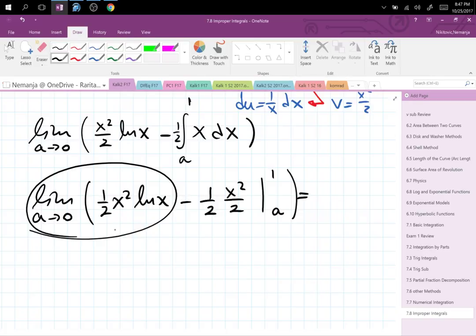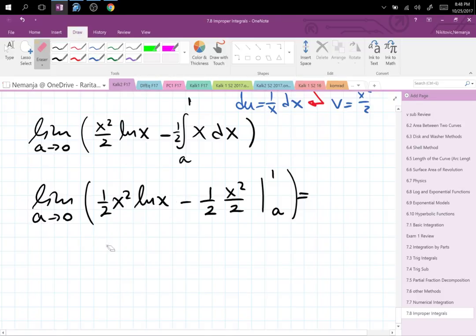Do we remember what we have to do for those? Yeah, exactly. L'Hopital's rule. Nice. So we have to do L'Hopital's rule here. We have 0 times infinity, and we use the trick that f is equal to 1 over 1/f. Great. Limit a goes to 0 of 1/2 a squared ln a.